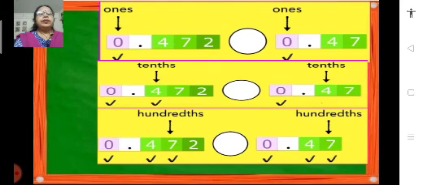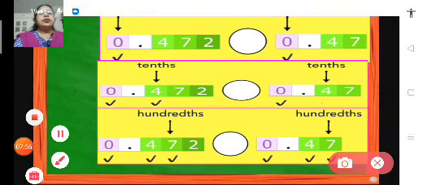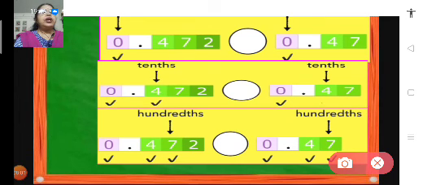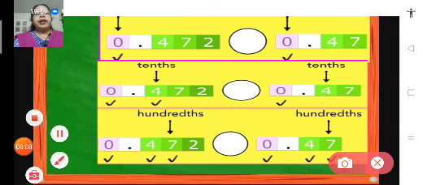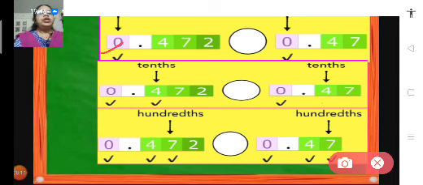Now let's see more examples. We have two numbers, 0.472 and 0.47. So how do we compare these numbers? Now for comparing these, first we compare the numbers to the left of the decimal point. That means the whole number. Here we can see that both the numbers have 0 to the left of the decimal point.